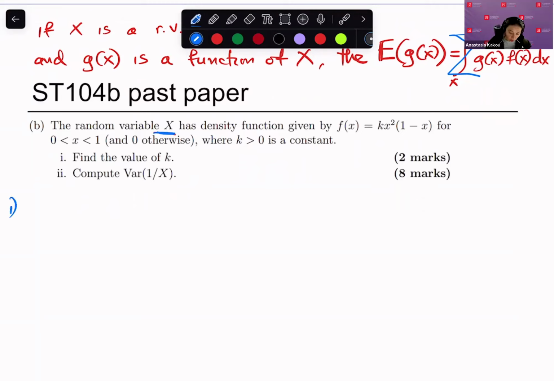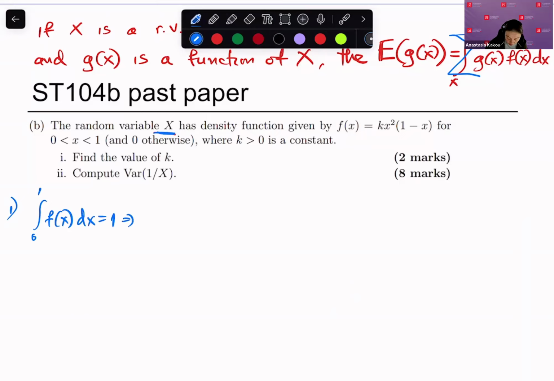The property that we will use to find the value of k is that when we add all the values of that PDF, it should give us 1. Here, because you have a continuous variable, we integrate. So we have the integral of f of x dx equals 1.